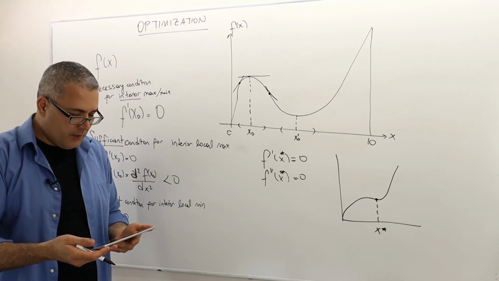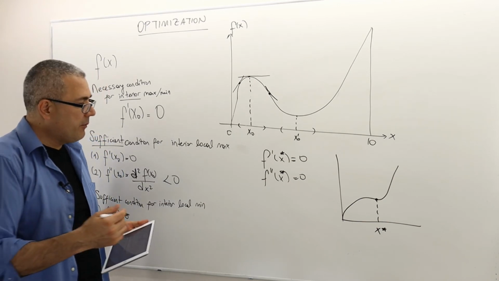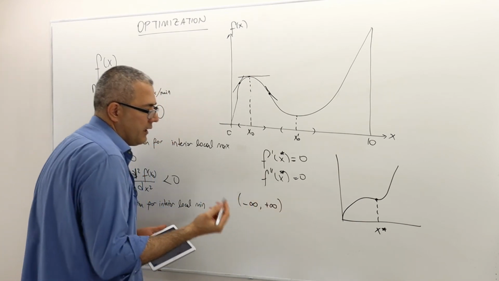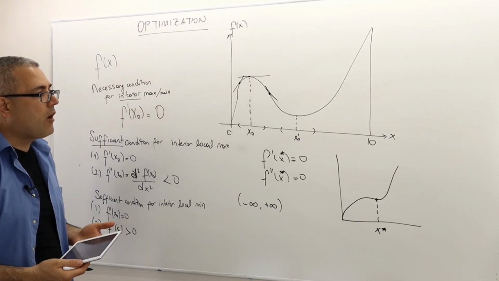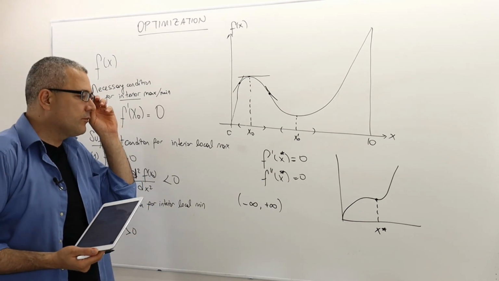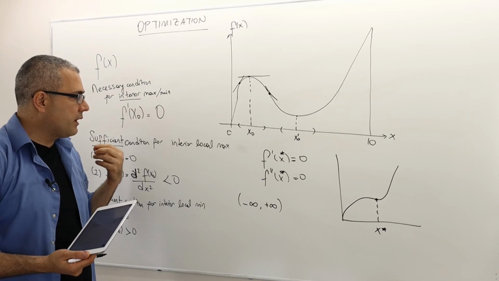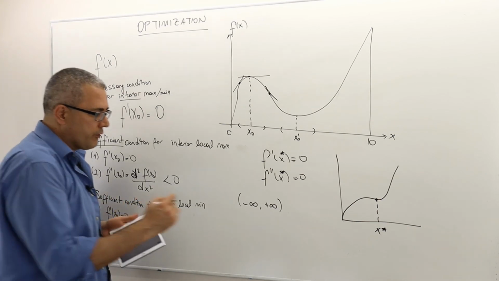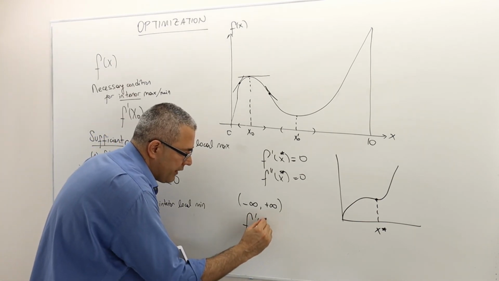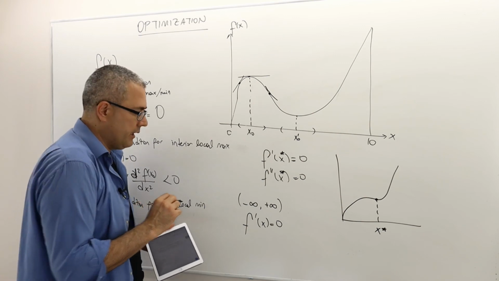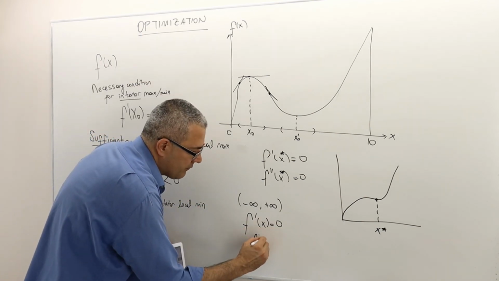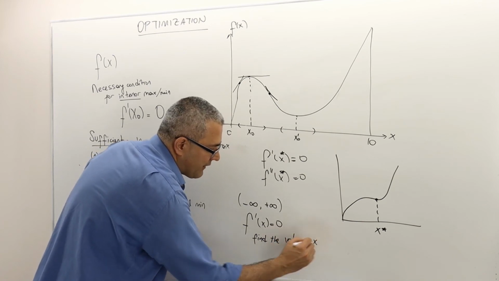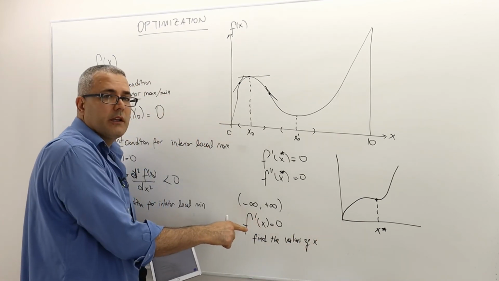One question is: if my domain is negative infinity to plus infinity, so basically the set of reals, how can I make sure that my local maximum or local minimum is also my global maximum or global minimum? What you need to do is first solve the equation first derivative equal to 0 and find the values of x which satisfy it.